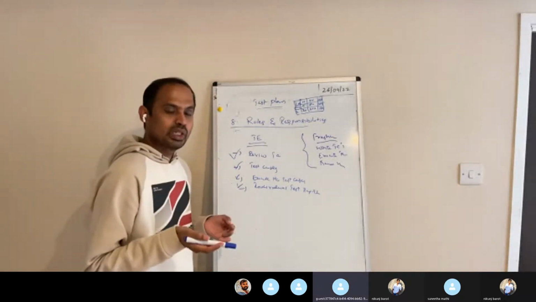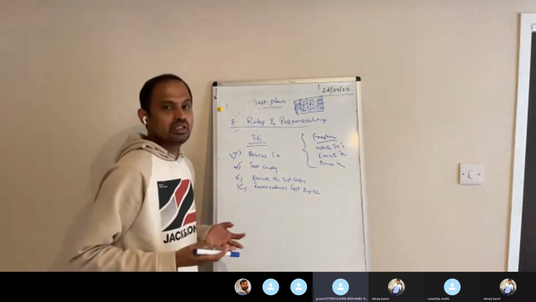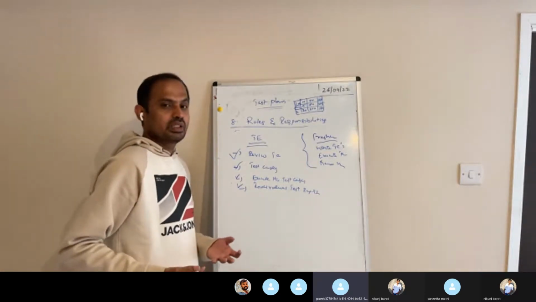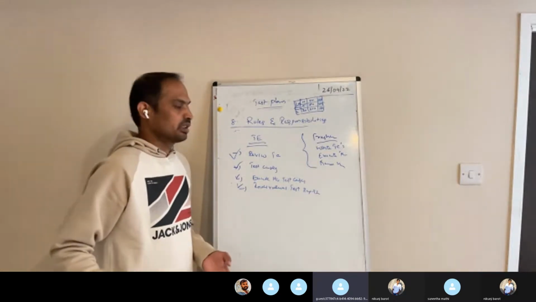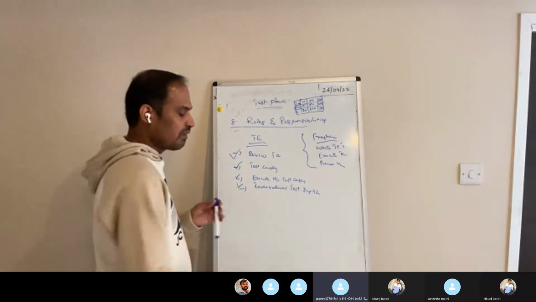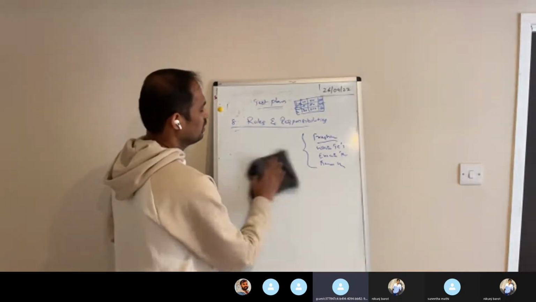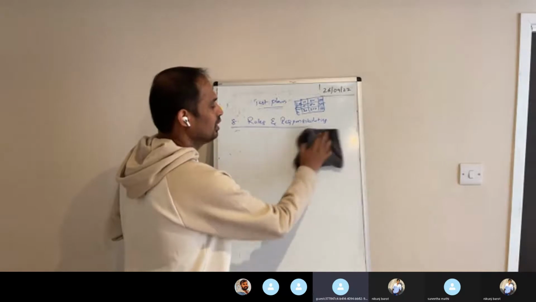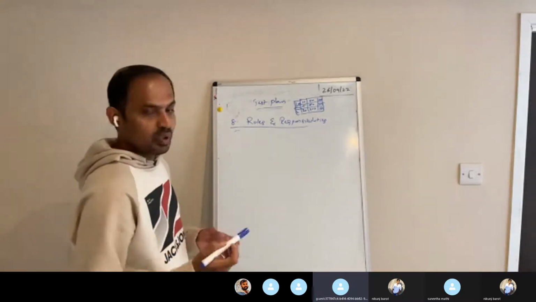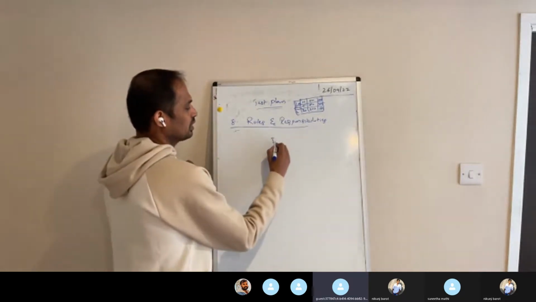Okay, it might be 2 leads, it might be 3 leads, it might be 2 test managers, it might be 10 senior test engineers and 5 test engineers and 3 freshers. Okay, it depends on the project. If it is a big project, we'll be having more test engineers, more test leads. If it is a small project, we'll be having only 1 test lead, 1 test manager. So suppose we are doing 3 projects, what will be the structure?